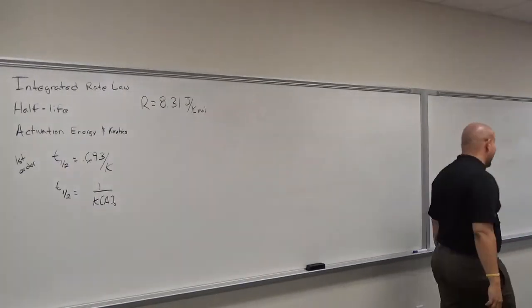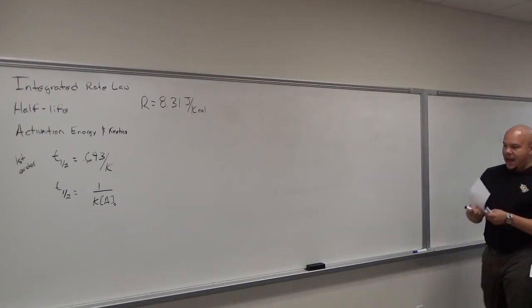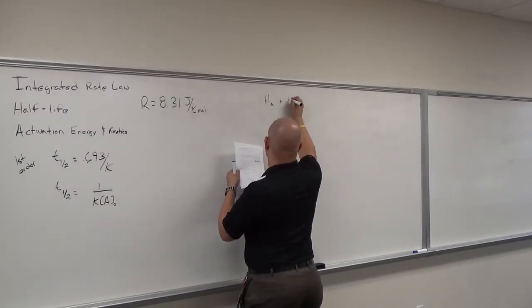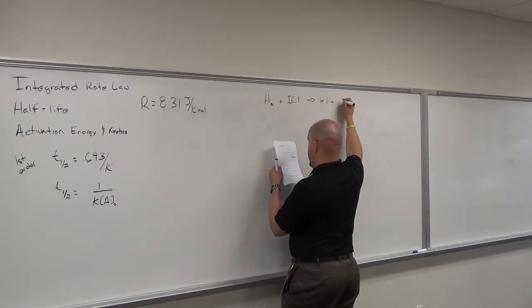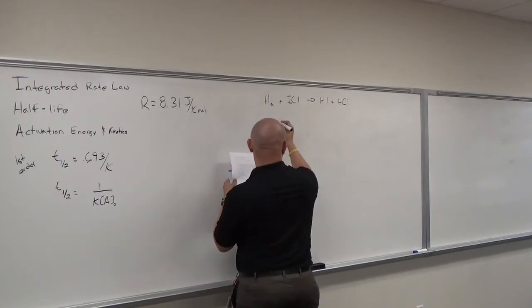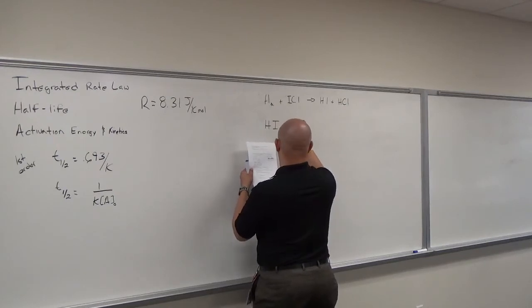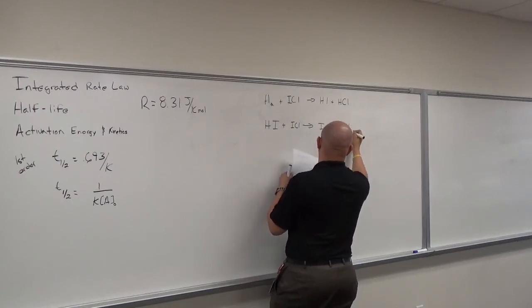Now, for the example that I gave you in the molecularity and the reaction mechanism, I told you that a mechanism has been proposed for 2 gas phase reactions with hydrogen and iodine chloride. So we're dealing with H2 plus ICl gives us HI plus HCl. All these are in the gas phase. And the second reaction happens in 2 steps: HI plus ICl gives I2 plus HCl.